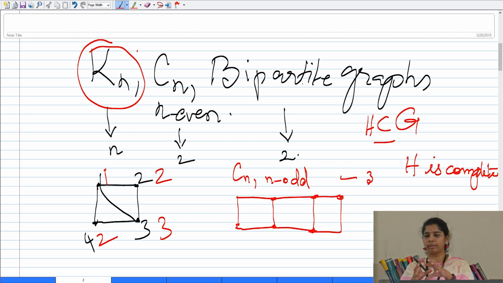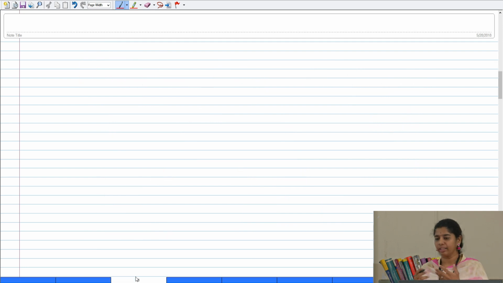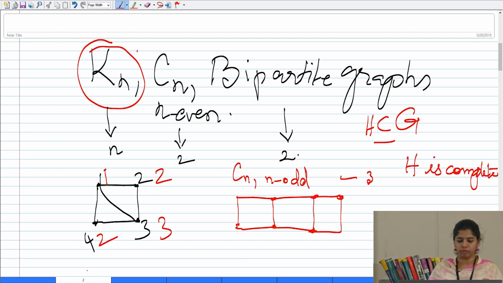There is a maximal subgraph which is complete, so we need at least that many colors. That is the idea here. Whereas in Cn, when n is odd, it is a special case. We always have some exceptions here and there. And similarly we can also talk about Kn here.